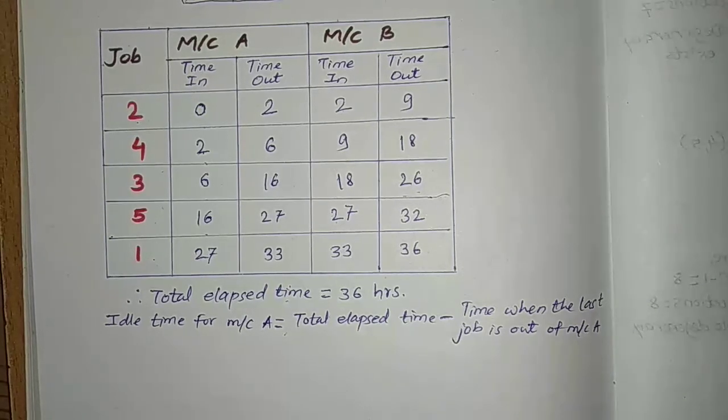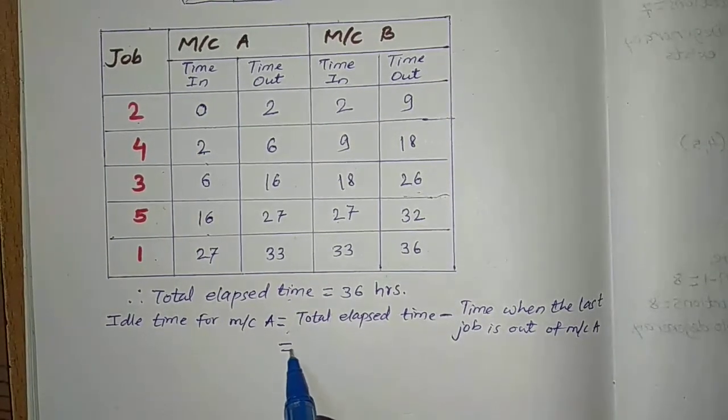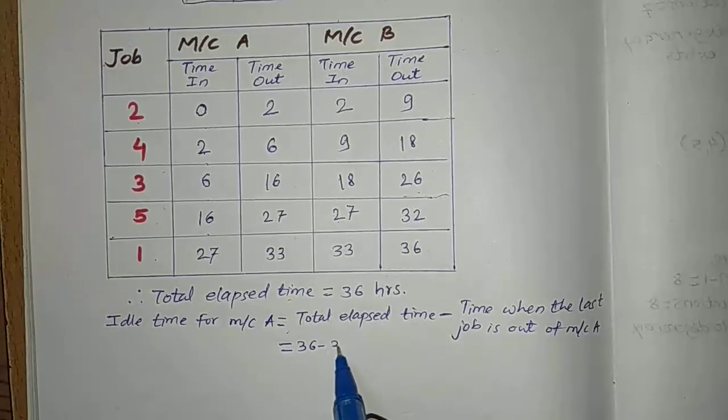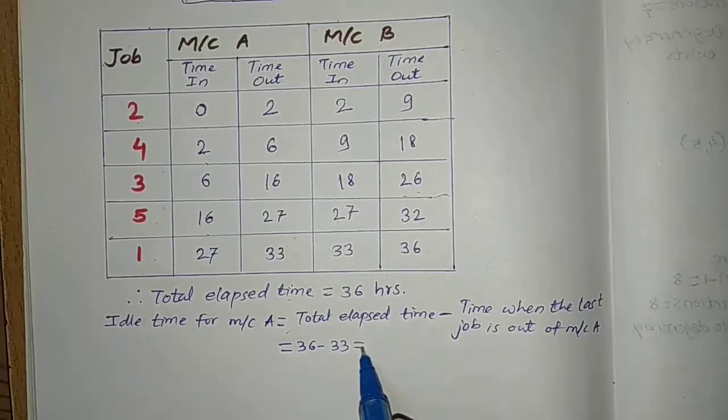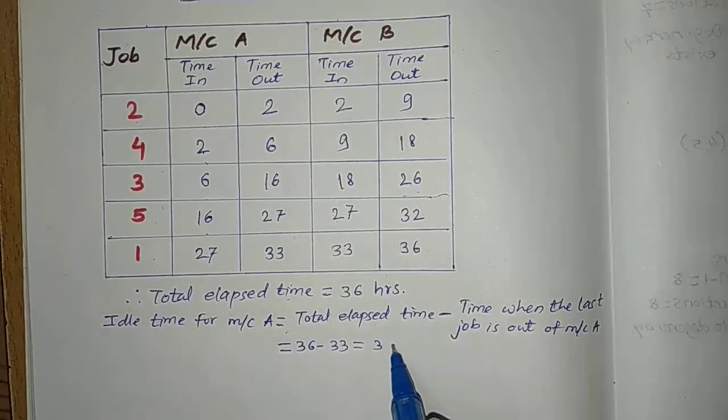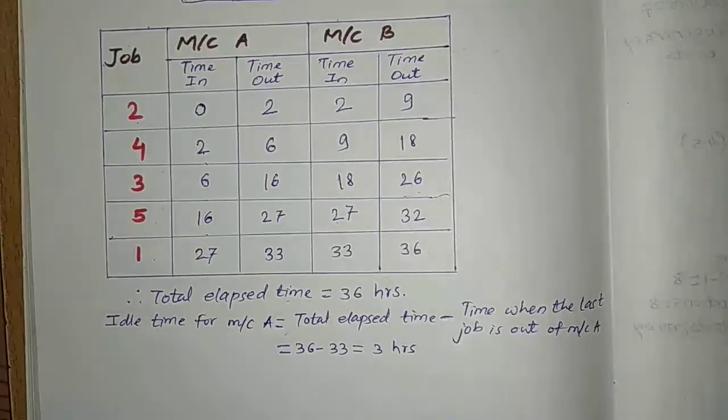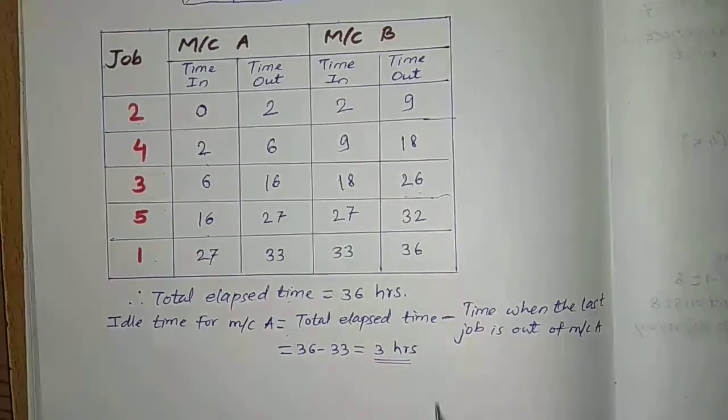So let us write 36 minus 33 equal to 3 hours. So this is the idle time for machine A.